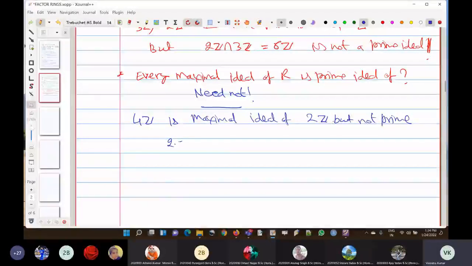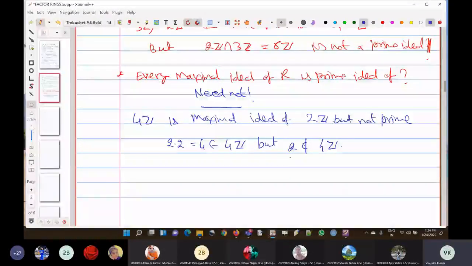If the product of 2 and 2, that is equal to 4, belongs to 4Z, then 2 must belong to 4Z also. But 2 doesn't belong to this 4Z. That's why this is not a prime ideal.